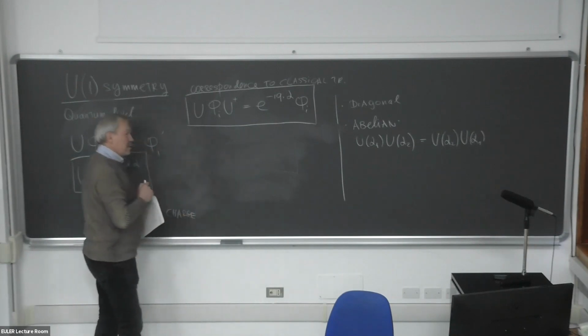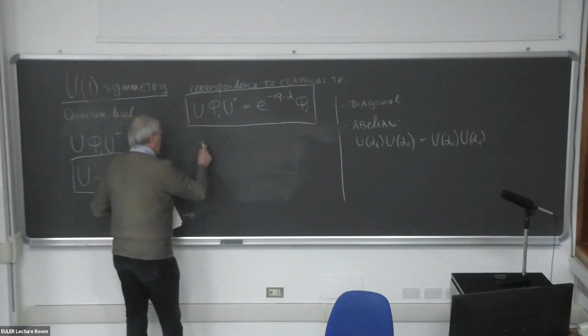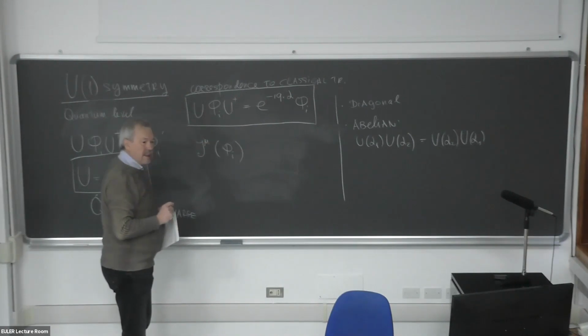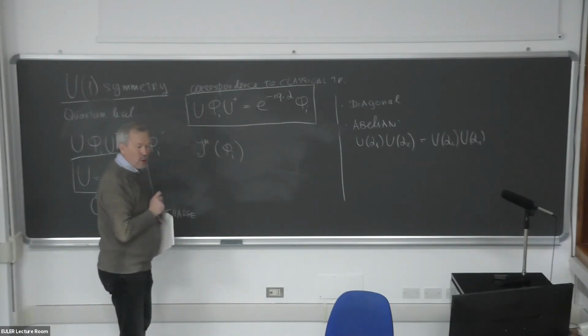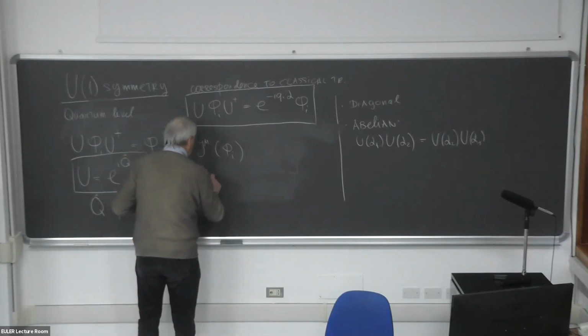The zero component of the current integrated over space gives us the charge. There is a current, which is a function of the fields, and you know what the expression for these currents is. Then you take the zero component and integrate over dx.